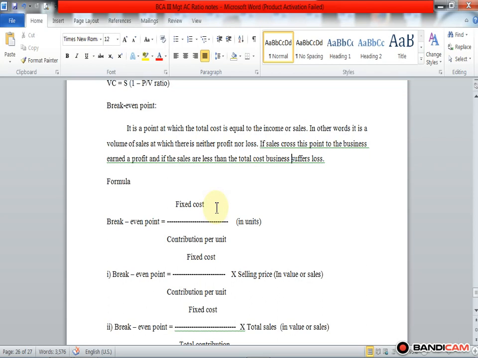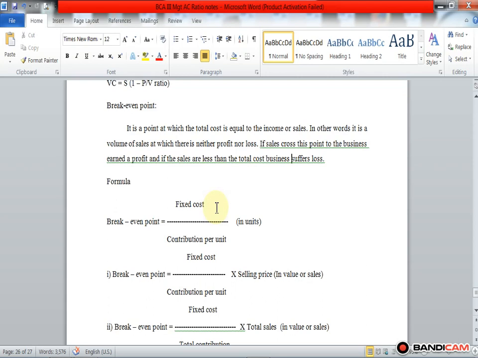But if sales cross this point, okay, if the sales cross the break-even point, the business earns a profit. It means sales value is in excess of the total cost, and the concern starts to earn a profit.